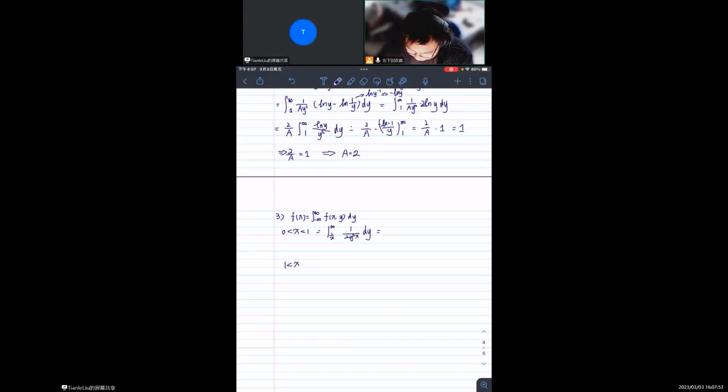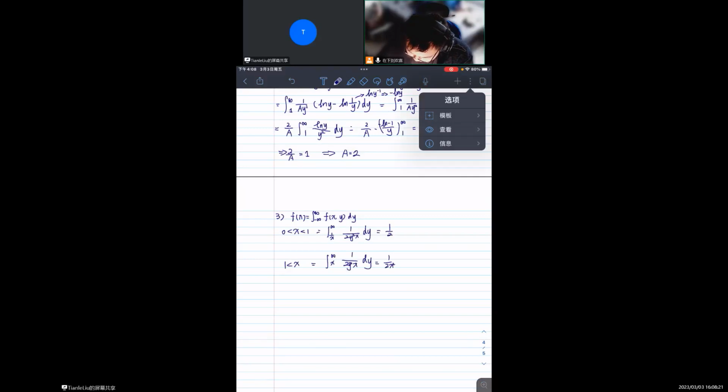By the integral calculator, we can get this one equals 1/2. And for this range, we'll do it this way, and by the integral calculator we'll get this one. That's all for f_X.